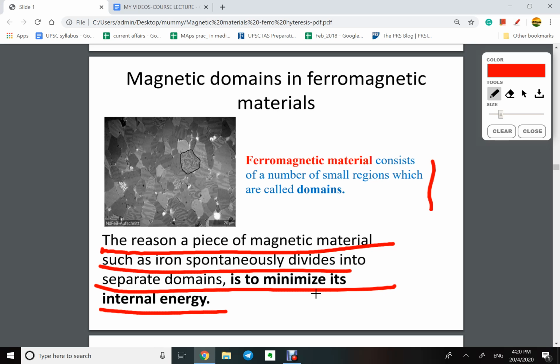So in the case of ferromagnetic materials, when it is divided into several domains, the net internal energy of the system is minimized. Then only it will be stable. So the formation of domains is merely to minimize the internal energy of the system.